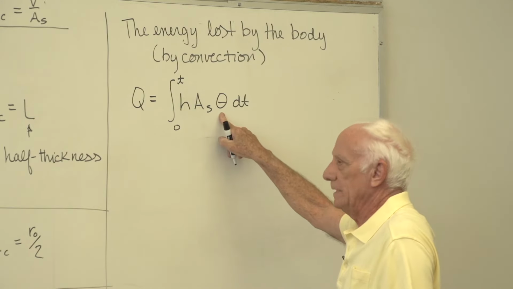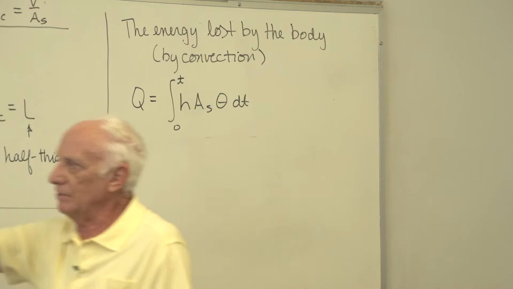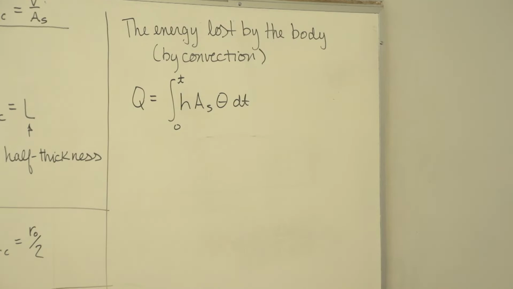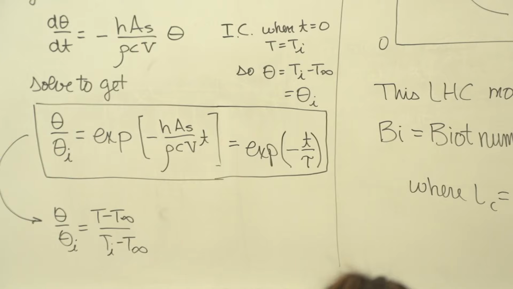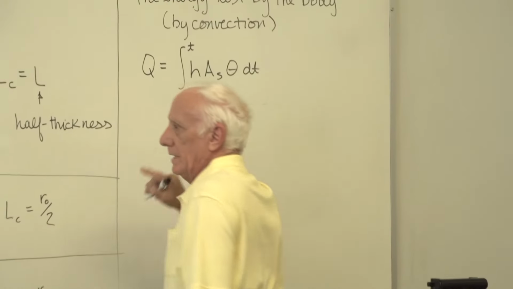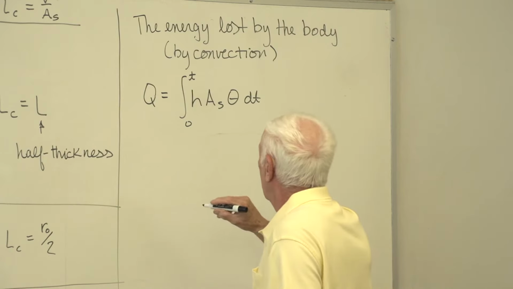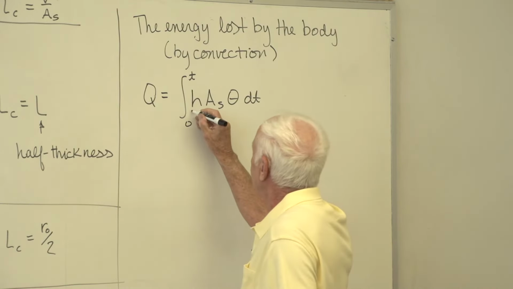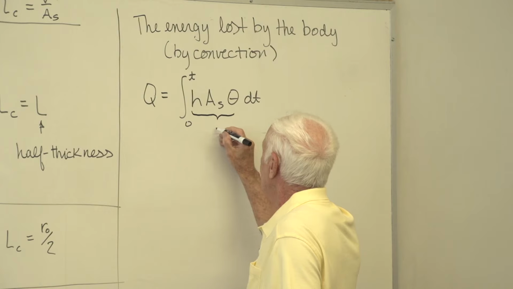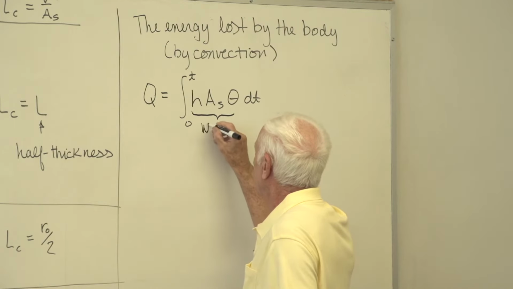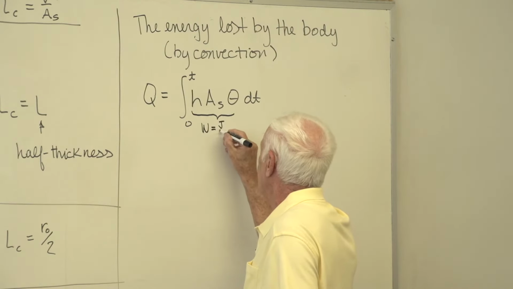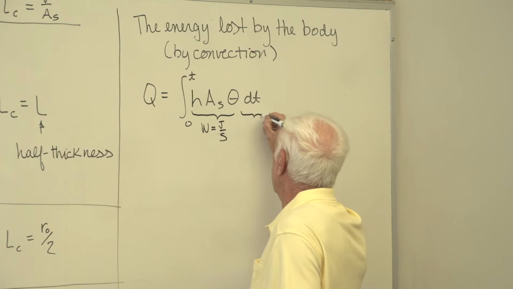Where you see theta in here, put the boxed equation right there and integrate the exponential function. Just so you know, Newton's law, h A delta T, is in watts. A watt is a joule per second. What's this here?